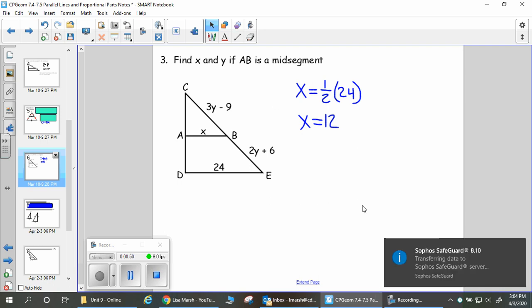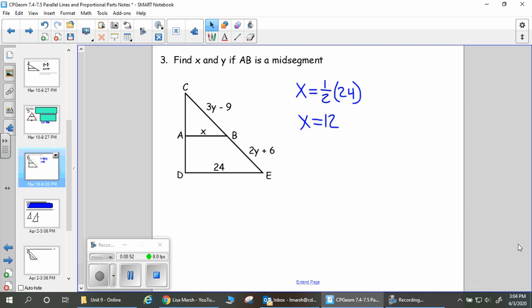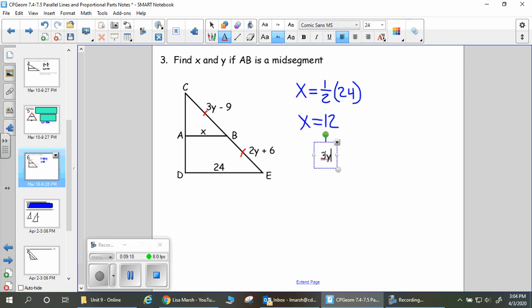What you should also know is that because it's a midsegment, remember it's going to give us midpoints that it's connecting. So if B here is our midpoint, remember that's going to make these two segments here congruent to each other, or equal to each other. So I can say that 3y minus 9 is equal to 2y plus 6.